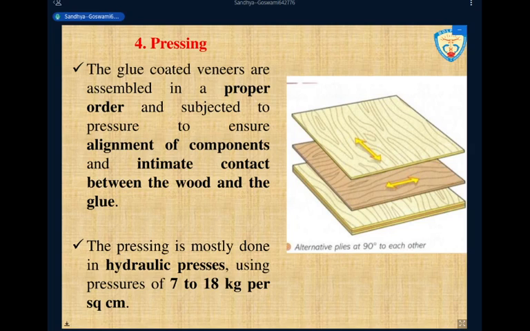Now, once you have glued your veneers, the important task has started where skill is required. You have to align your veneers one over another. So which alignment will we use? Can anybody tell me which construction we call it?